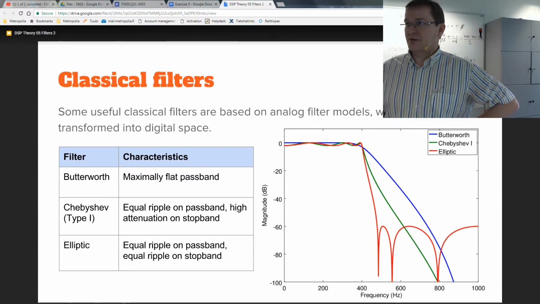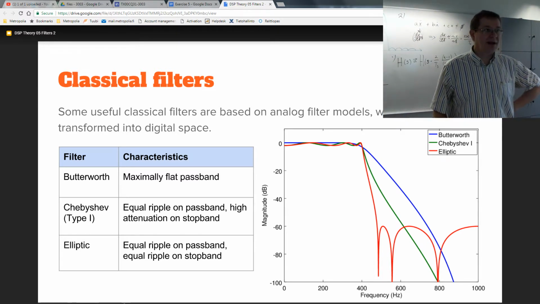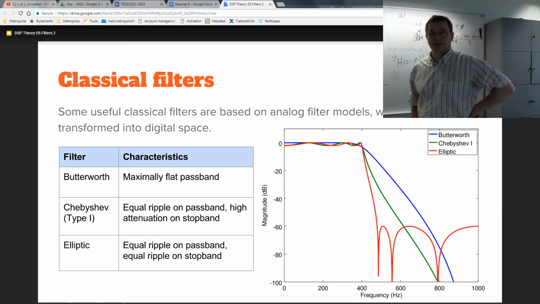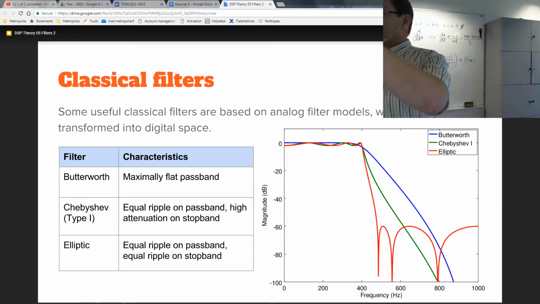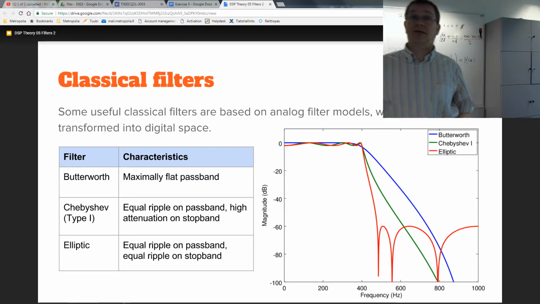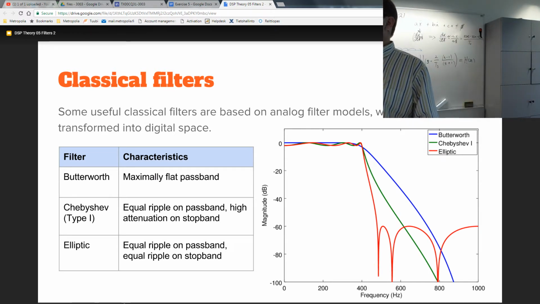So only those three filters are actually recommended for any use as a starting point. So fundamentally, the Butterworth has a maximally flat passband, meaning that it's basically unity gain, and it's quite simple to design.